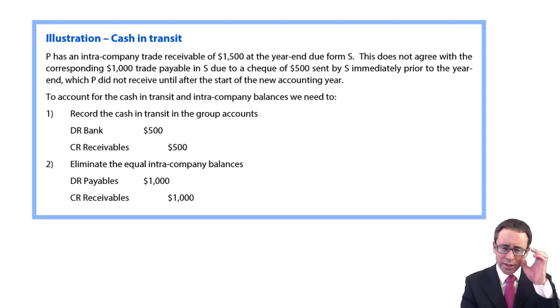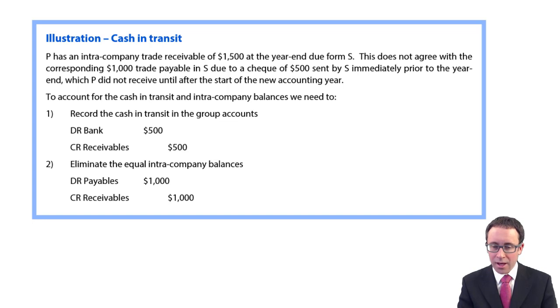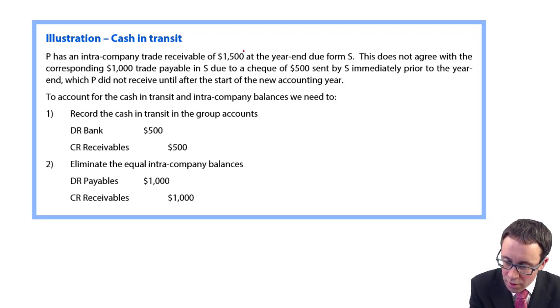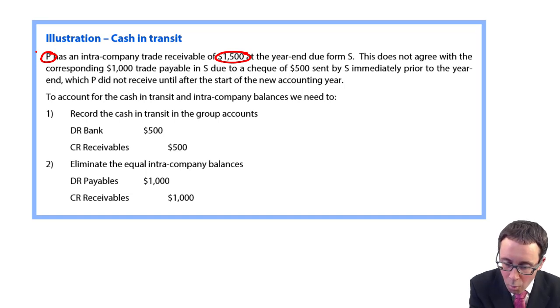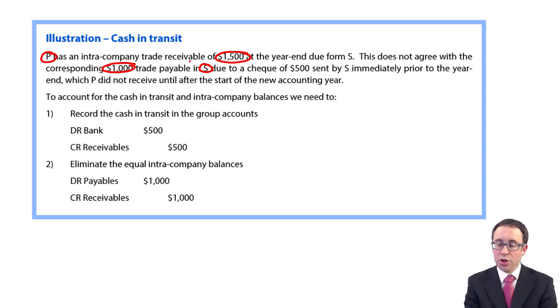So here you've got the illustration to show your cash in transit. So it says here, P has an intra-company receivable of $1,500 at the year end due from S. Okay, so you've got a receivable of $1,500 and that's in P's books. It does not agree with the corresponding $1,000 payable in S due to a check of $500 sent by S immediately prior to the year end, which P did not receive.